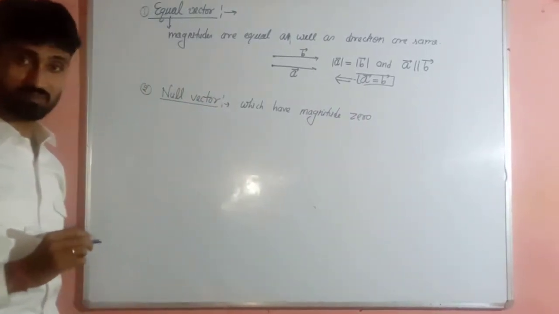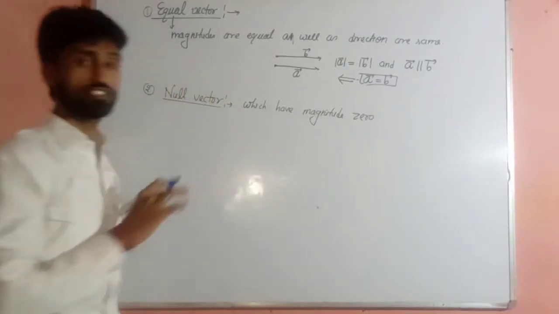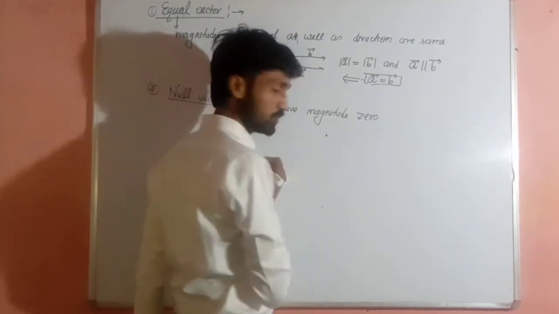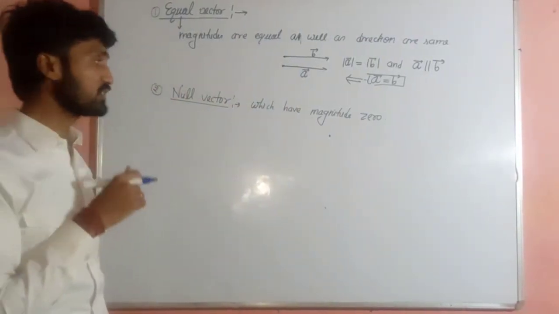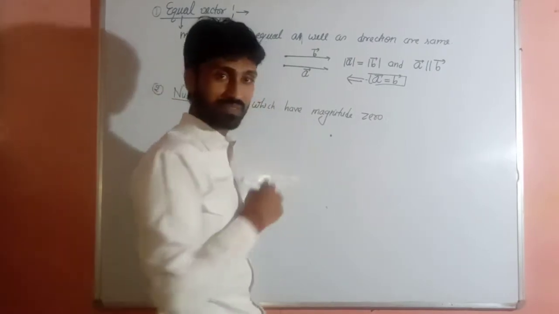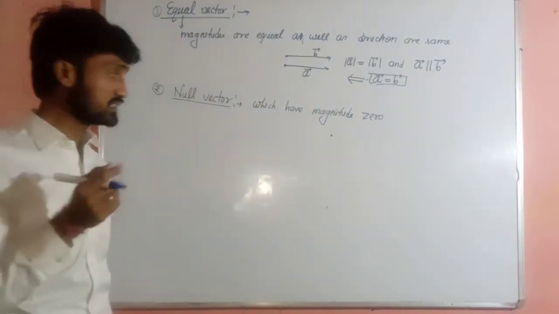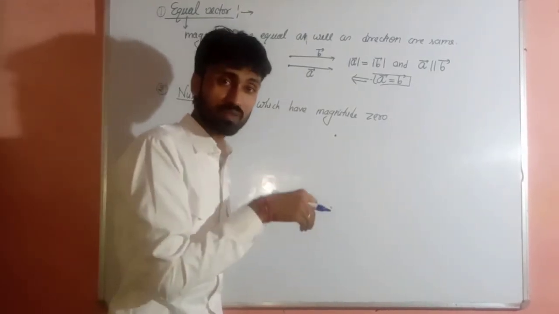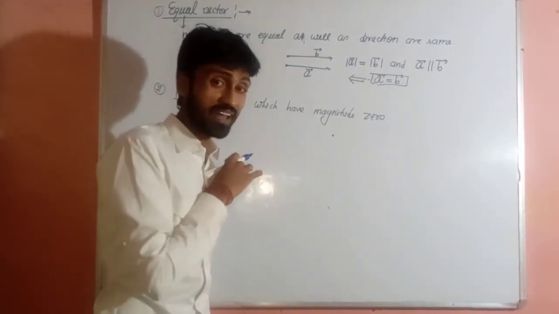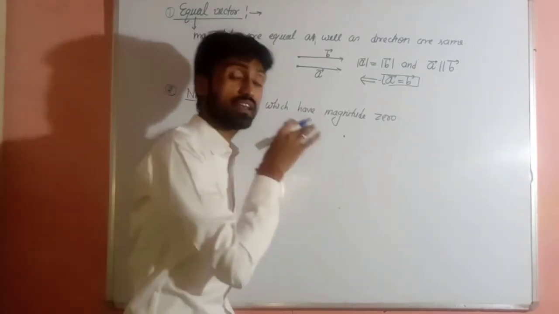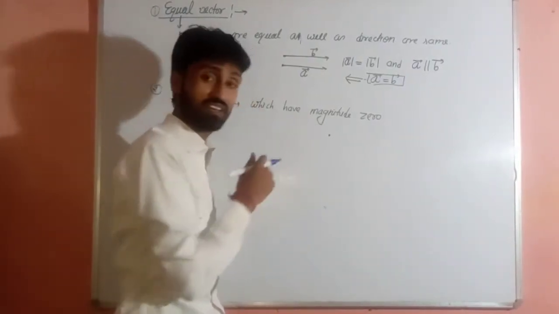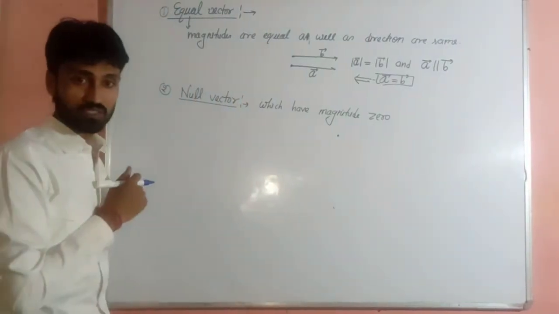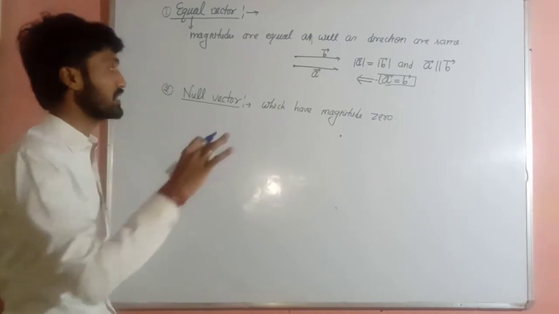If the magnitude of the vector is 0, then the length of the arrow will be 0, and then it will be a point, and its starting and final points coincide with each other. So we cannot decide the final and initial point of this point, so we cannot decide the direction of the null vector.